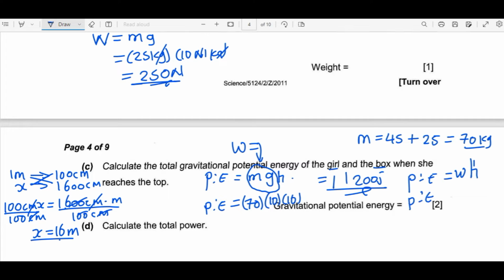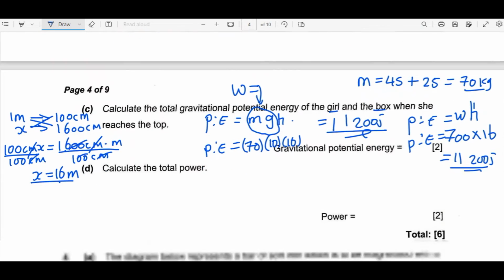So do we have the total weight? Yes, we have the total weight. The weight of the girl is 450 plus the weight of the box is 250, adding up to 700. So here we have 700 multiplied by 16. So 700 times 16, I'm getting 11,200 joules. So the point is, if you want, you can find potential energy by multiplying the weight times the height. So that's what I wanted to share.